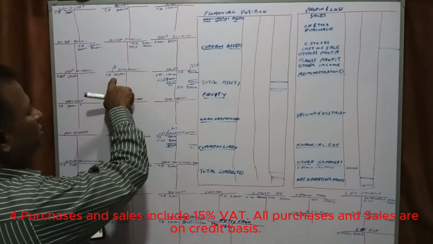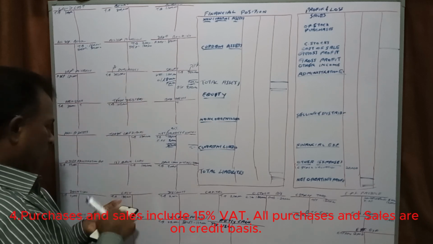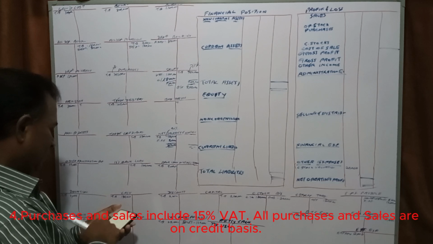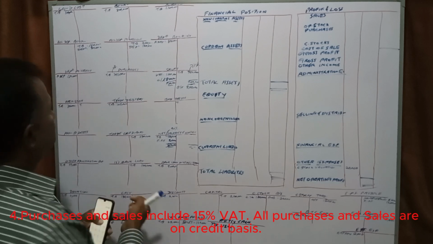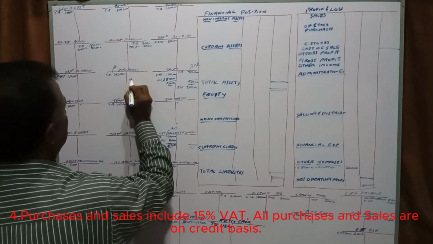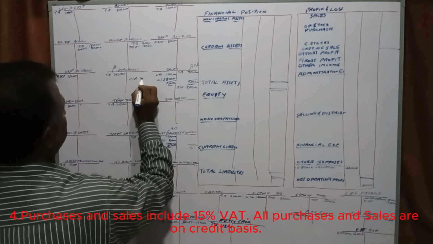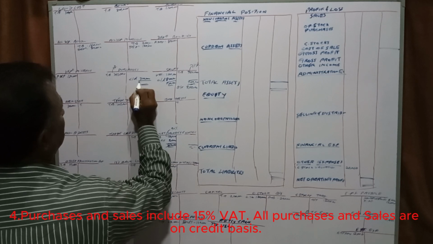Likewise for the purchases also, 345,000 is 115%, then into 100. This is 300,000. Actual purchases were 300,000. Carried down balance should be 300,000.